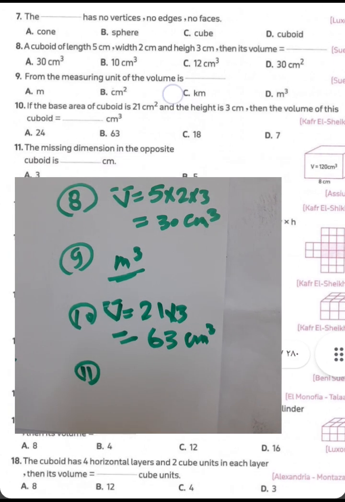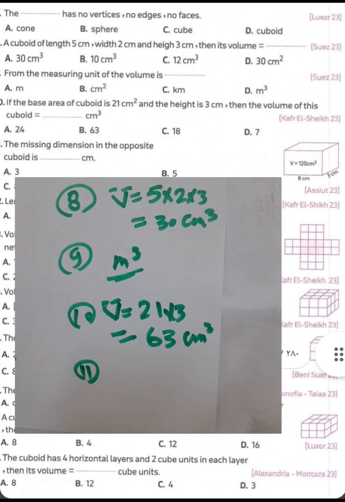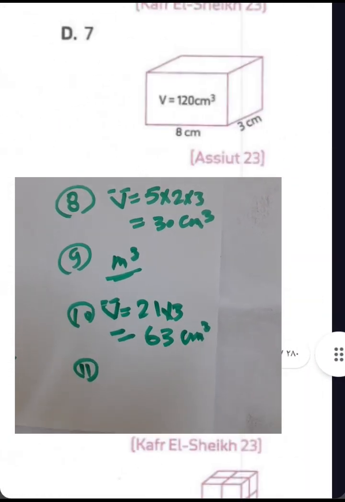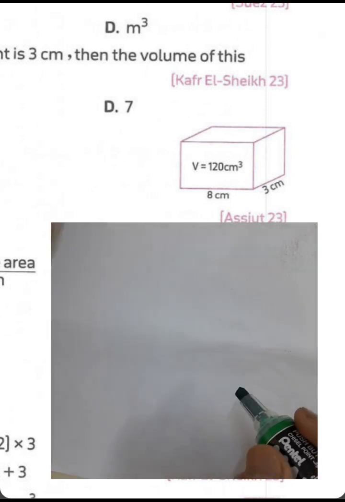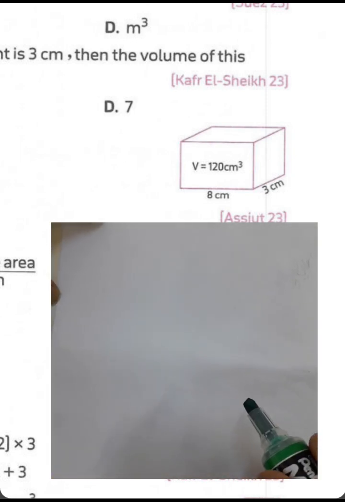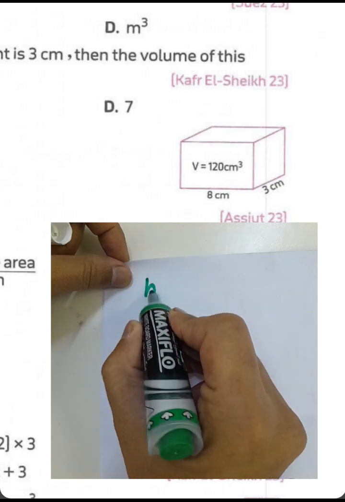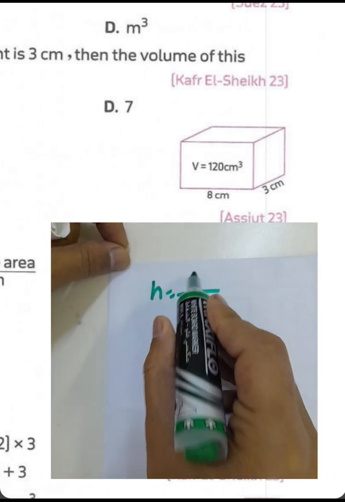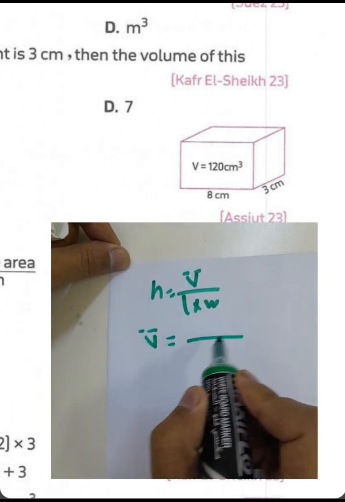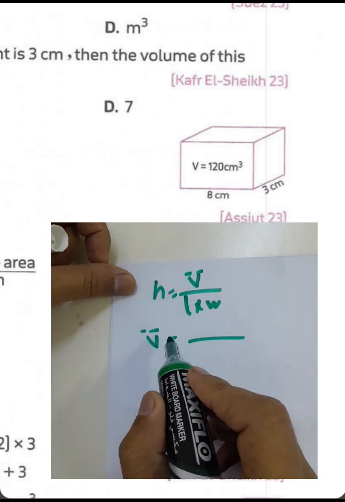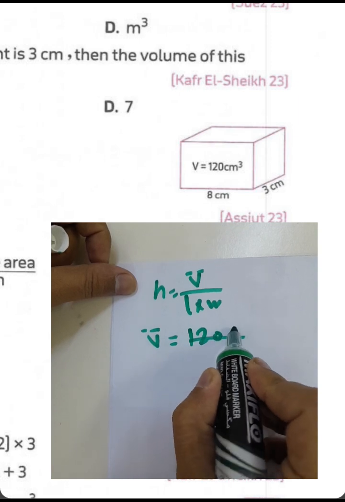Question 11. The missing dimension of the opposite figure. He gives us the volume in this example. Attention with me, my students. In this example, he wants to find what? The height. To find the height, the volume equals length times width times height. The volume was 120 cubic centimeters.